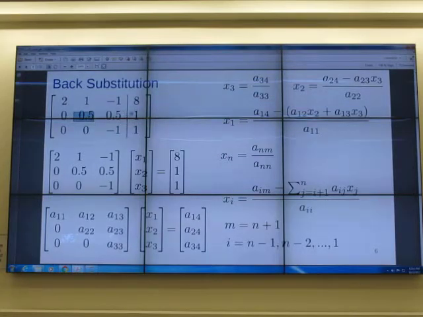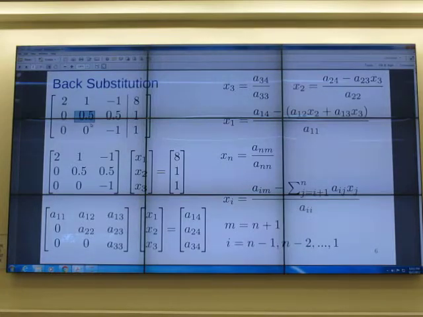You have 1 minus 0.5 multiplied by x3, then you divide it by 0.5. Or x2 equals a24 minus a23 multiplied by x3, divided by the coefficient of that line, the diagonal term a22. Now you have x2.